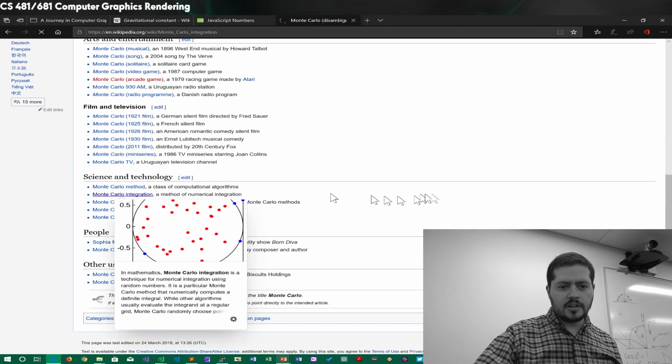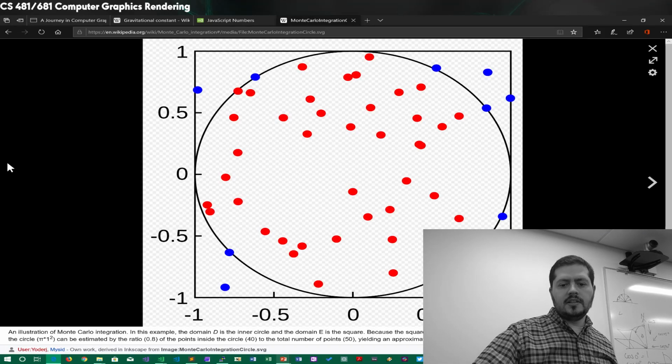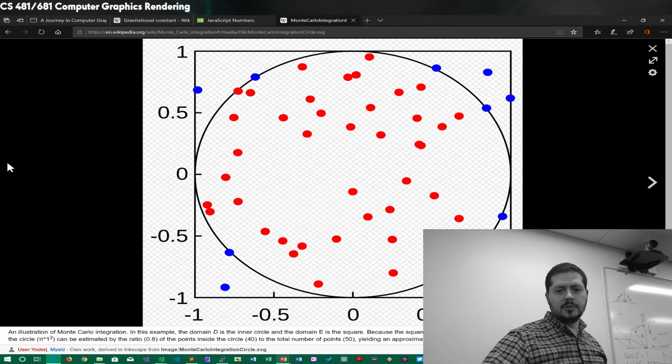So let's look at Monte Carlo integration. One good example is estimating pi. One way of estimating pi is simply to plot a bunch of random points inside of a square and then count the number that are inside the circle. And that ratio is going to give you the area of the square, so going -1 to 1 is 4, and the area of the circle, pi times 1 squared.